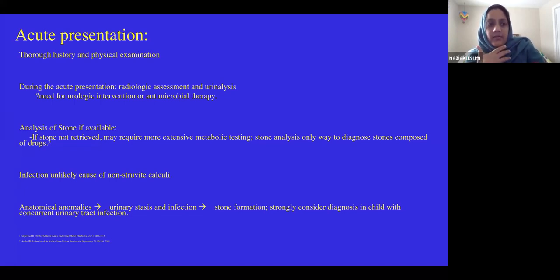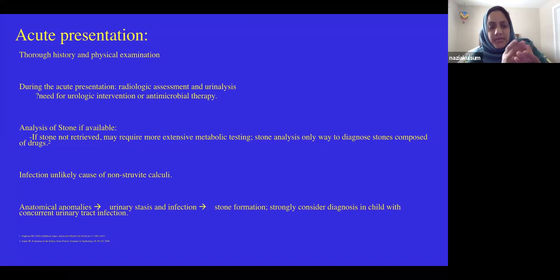The reason being, typically when you do testing for stone, you have to do it when they are on their ideal diet. So if someone is in pain and not really consuming food, and you do a metabolic assessment, it's going to show what their intake is at that time. It doesn't necessarily give you an idea of what could be the reason for kidney stones. So typically we focus on their testing once the acute episode has resolved.